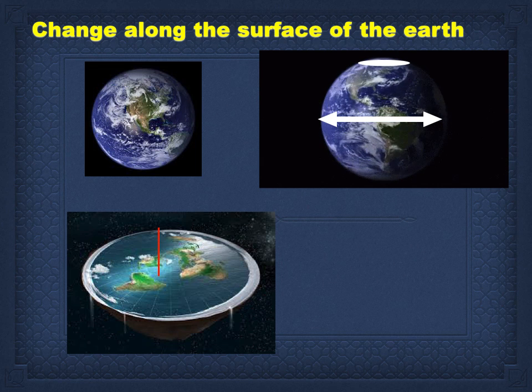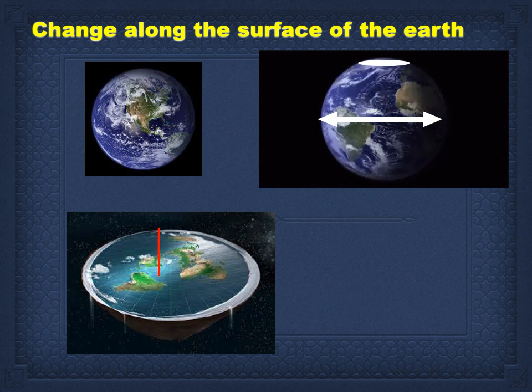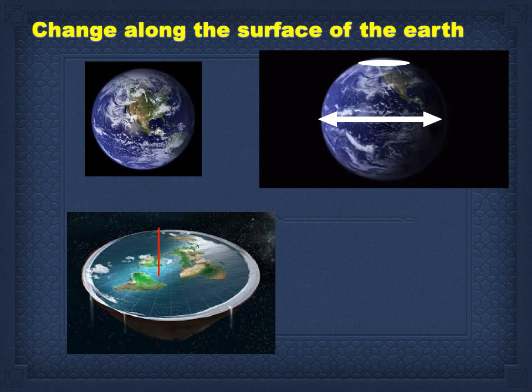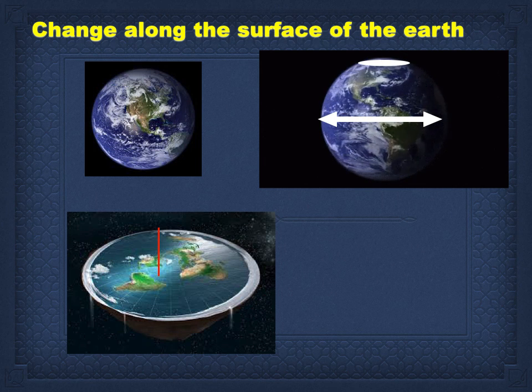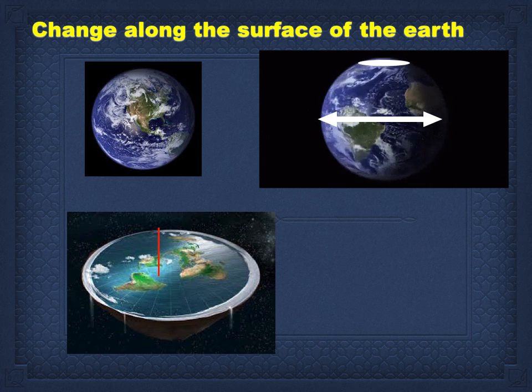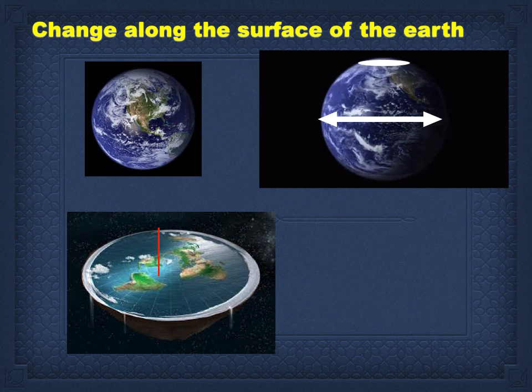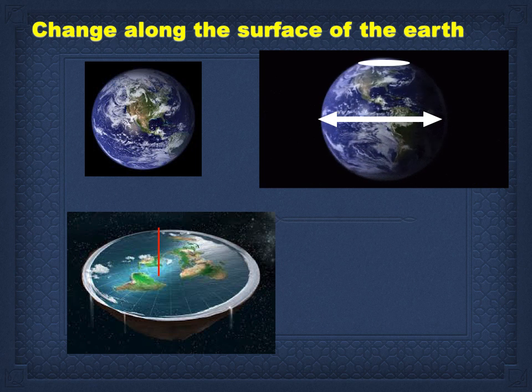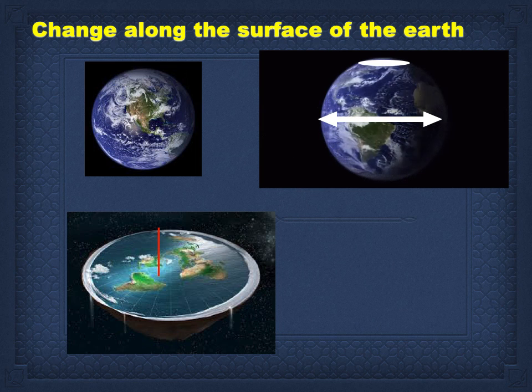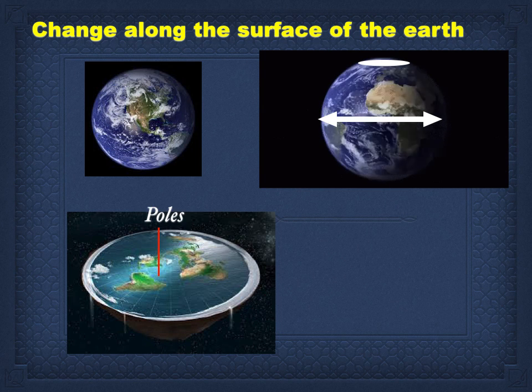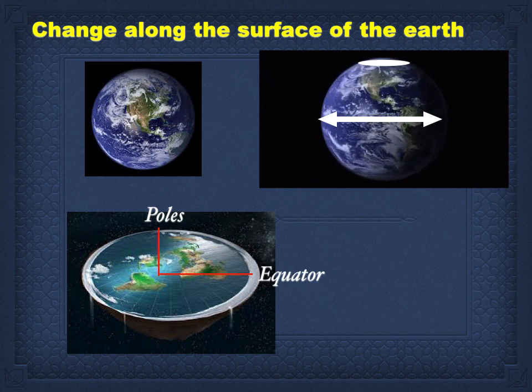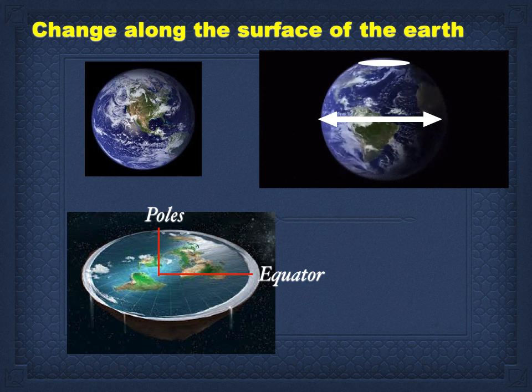So the distance of a point on the surface of the earth from its center differs somewhat from place to place, and due to its rotation, as we have seen, the earth bulges at the equator and is flatter at the poles. So you can see its radius is largest at the equator and smallest at the poles.